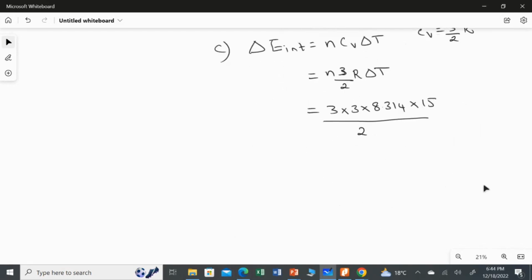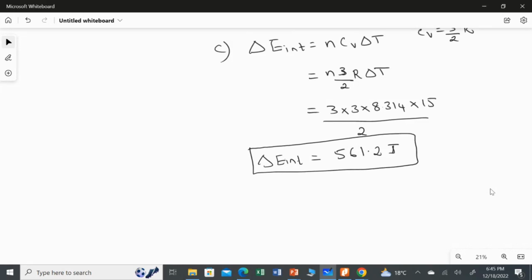So I have to calculate 3 multiplied by 3/2, 8.314, multiplied by 15. I got the answer as 561.2 joules. The change in internal energy, the value is this one.